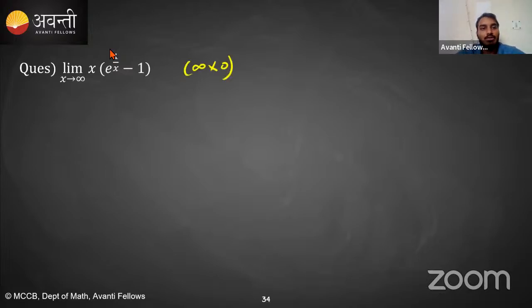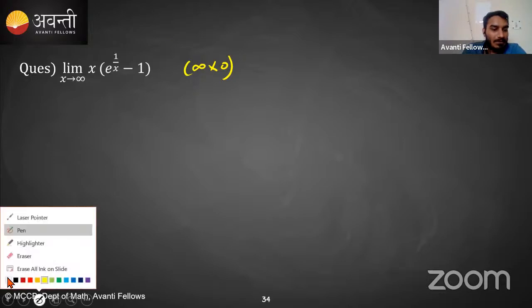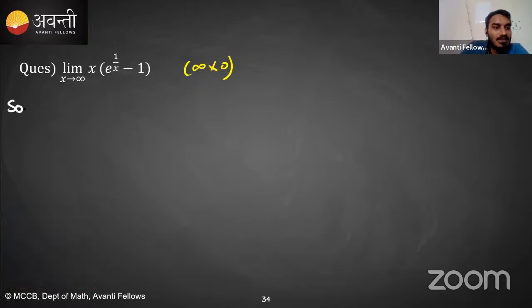So everyone solve this question. Let me know the answer quickly. Anybody got the answer? Janvi, Chitra, Durga, Janvi Ballari, did you get the answer? Okay. So everybody, please pay attention now. What I'm trying to do is convert this into the 0 by 0 form.